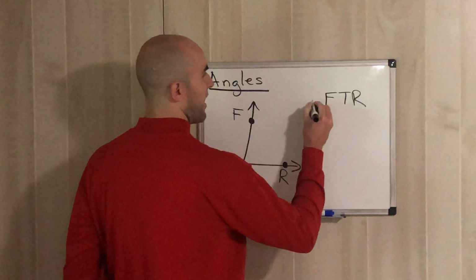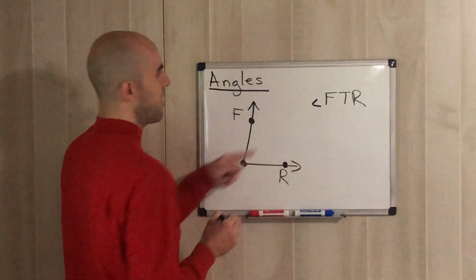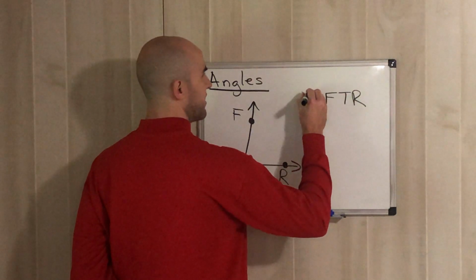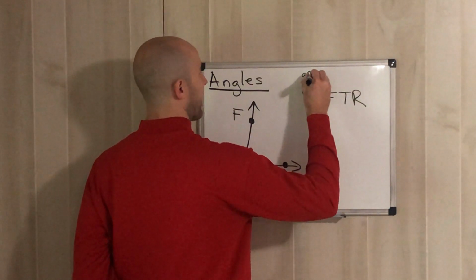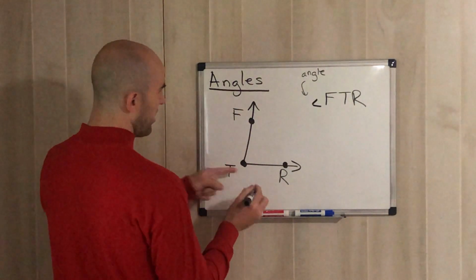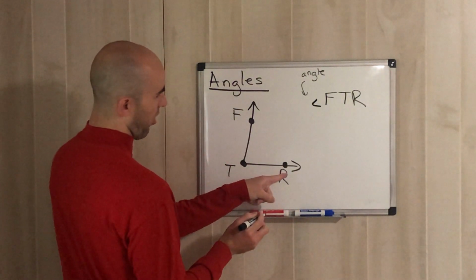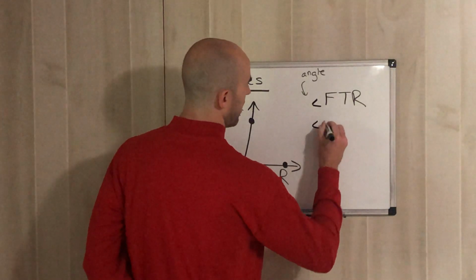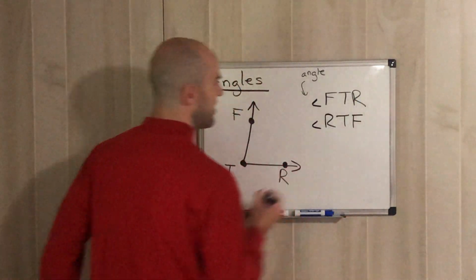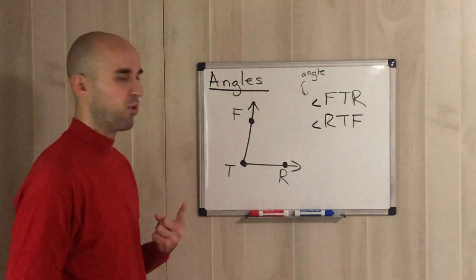Since we're talking about an angle, we can draw this, which represents an angle mark. All that is there is to represent the word angle. So we can call it angle FTR. We can go backwards and call it angle RTF. And the most basic way is by labeling it with one point.